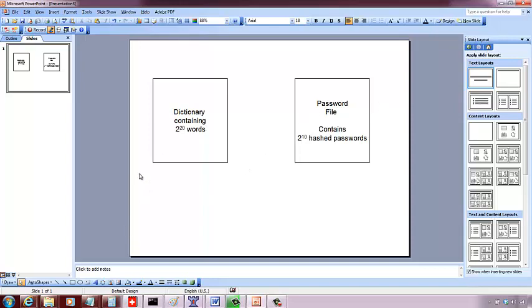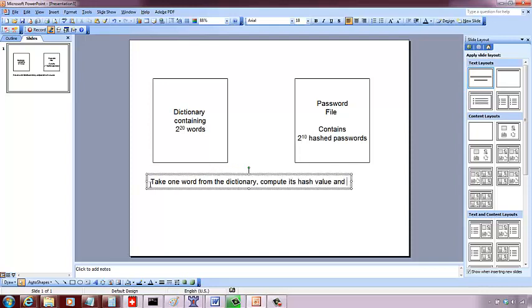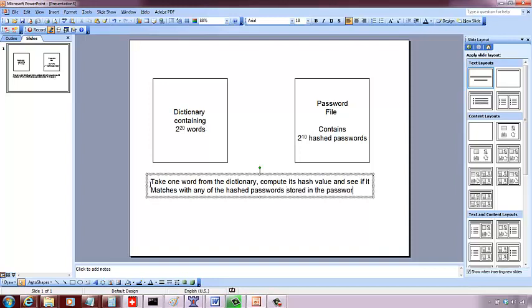So the strategy is I'll take one word from the dictionary, compute its hash value, and see if it matches with any of the hashed passwords stored in the password file.